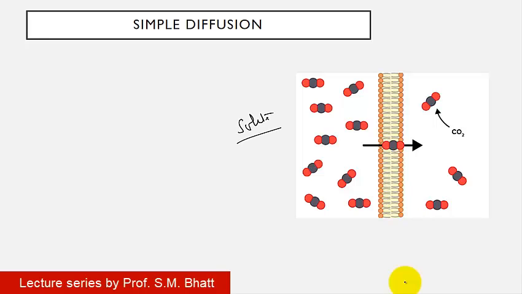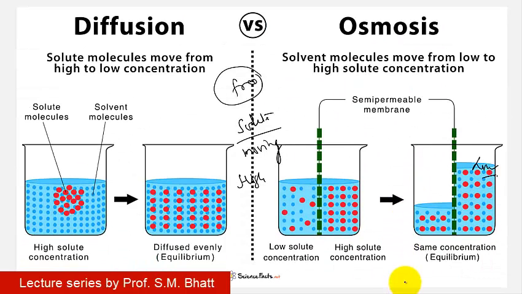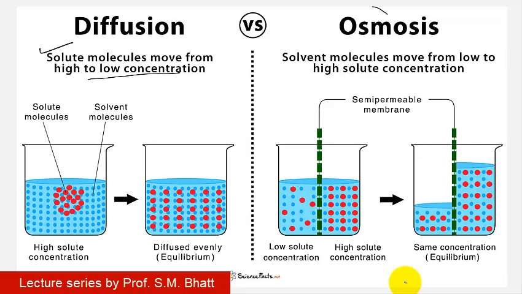In simple diffusion, the solute moves from high to low concentration, for example gases. Now, what is the difference between diffusion and osmosis? In diffusion, solute molecules move from high to low concentration. In osmosis, there is a semi-permeable membrane and only the solvent molecule moves, from low to high concentration.